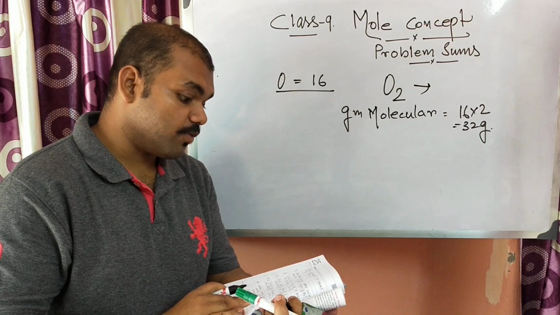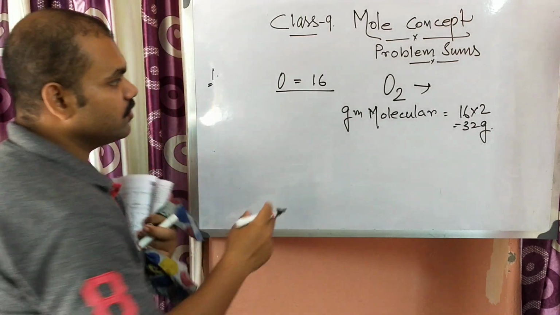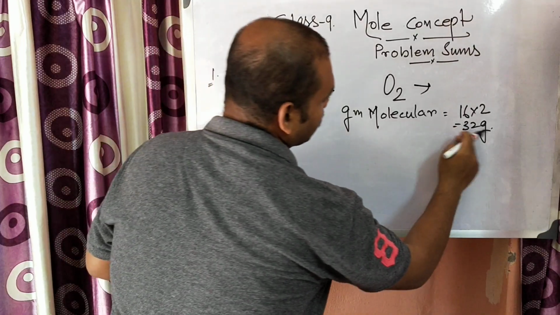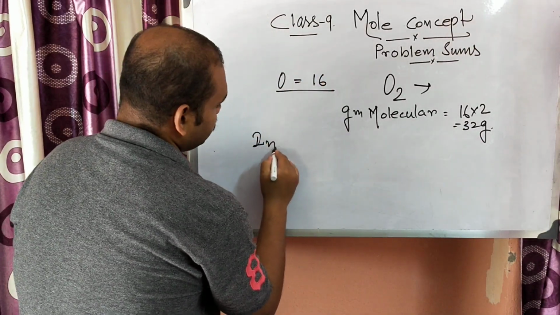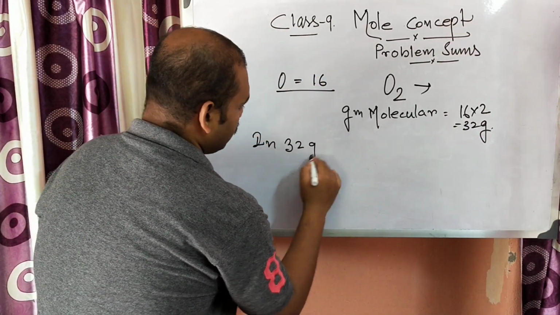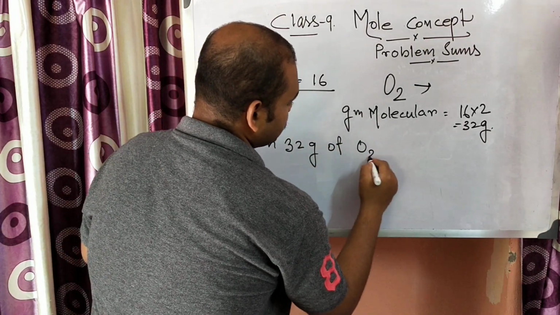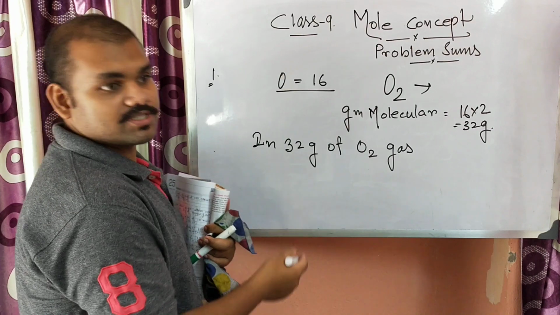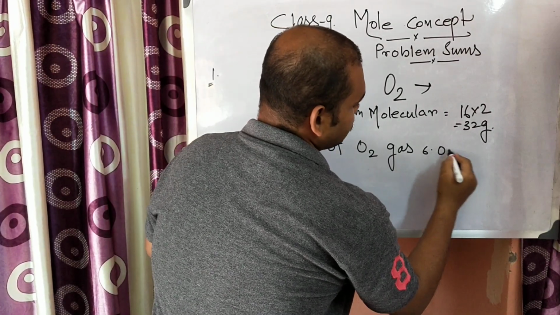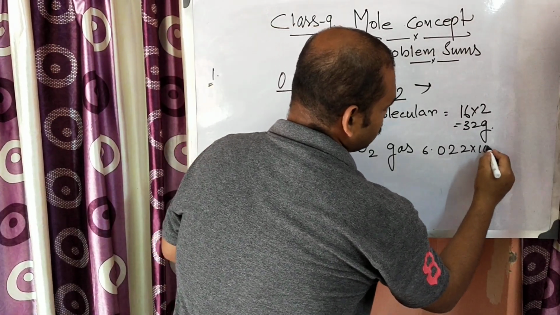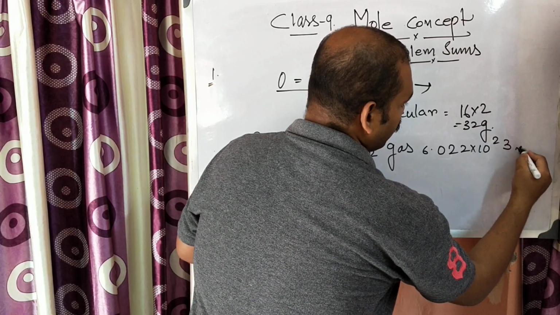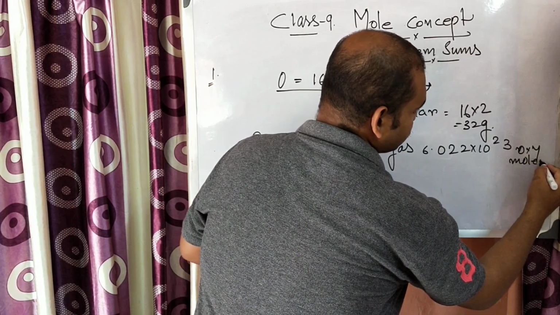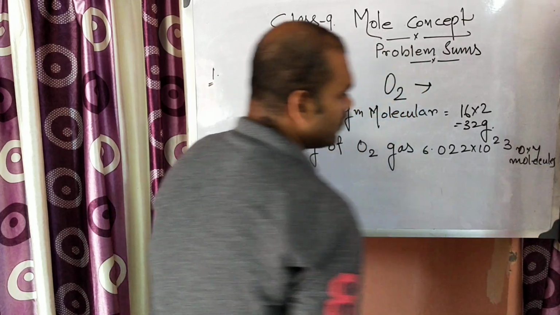So you need to find out how many oxygen atoms are there. As the gram molecular mass is 32 gram, in 32 gram of oxygen gas, how many oxygen molecules are there? 6.022 into 10 to the power 23 oxygen molecules are there.